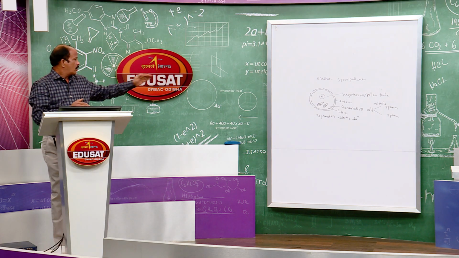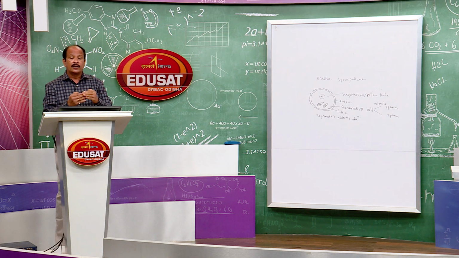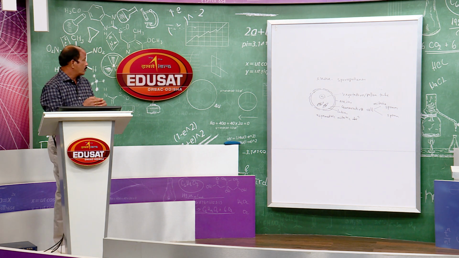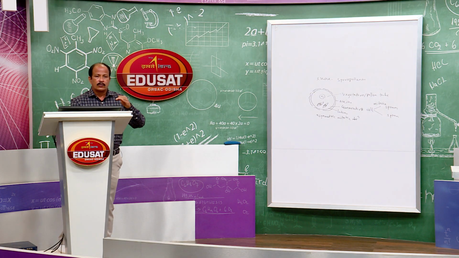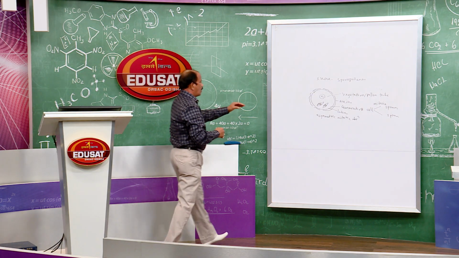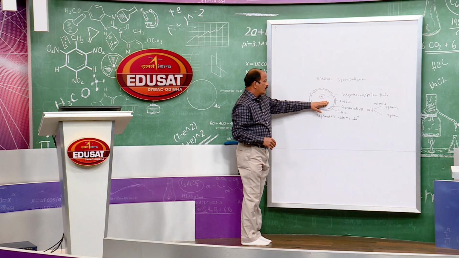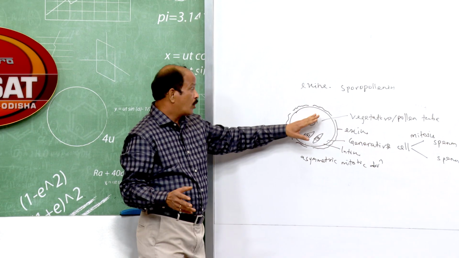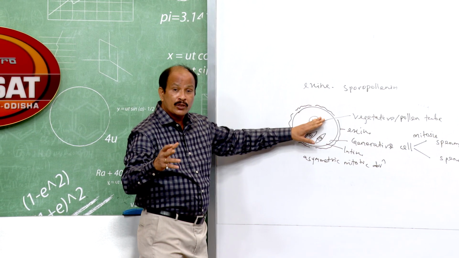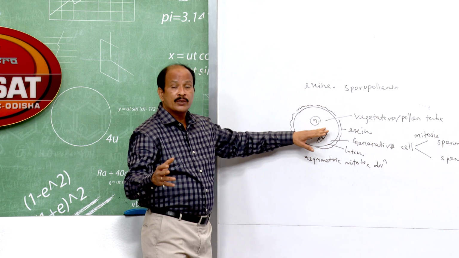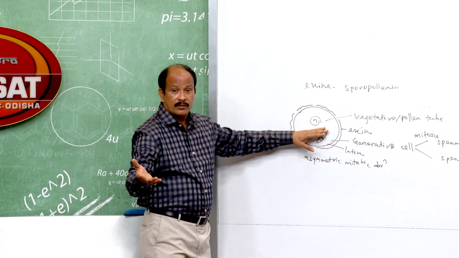Now, I can say here how exactly the male gametophyte developed. The haploid nucleus of the microspore moved to one side, and there it divided by mitotic division. The nuclear division is symmetric, but the cytoplasmic division remained asymmetric.